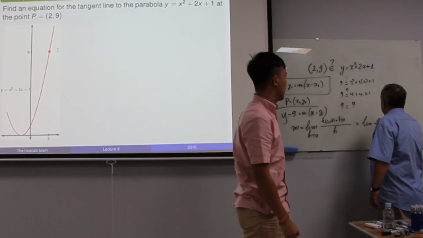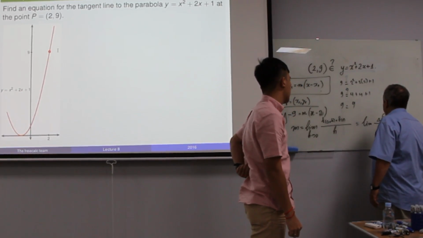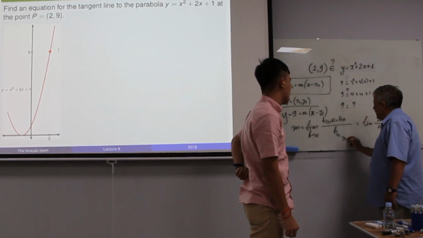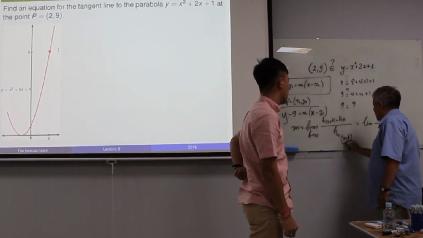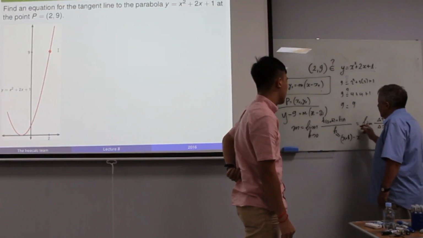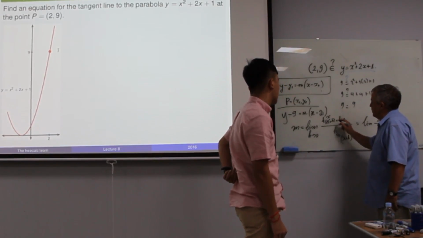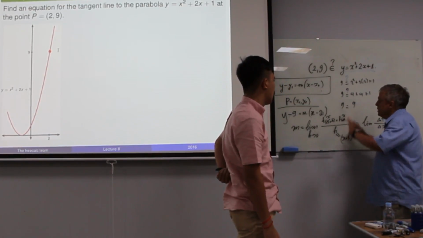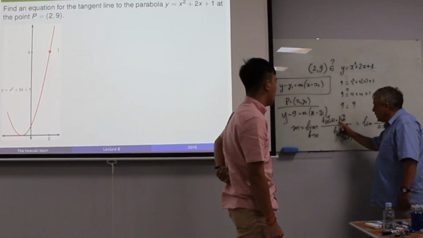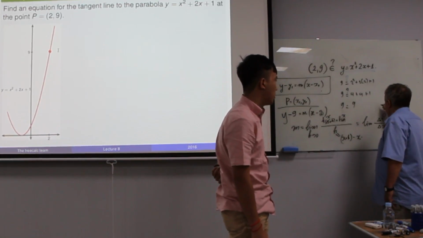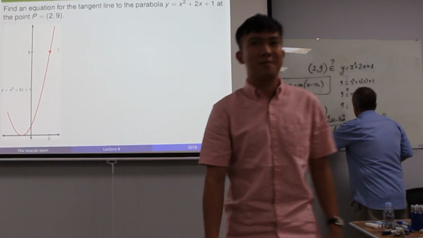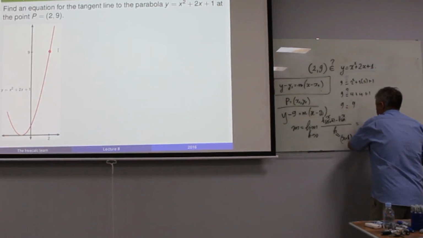Limit delta f over delta x. H equals f of x plus h minus f of x, over h. You know here, instead of a, we use x in the second definition, but it doesn't matter. The most important problem is here. It's not plus, because delta m, it's minus, yes. Here it's minus.